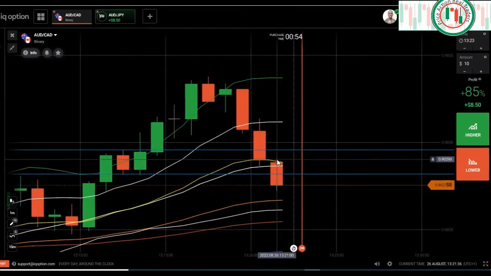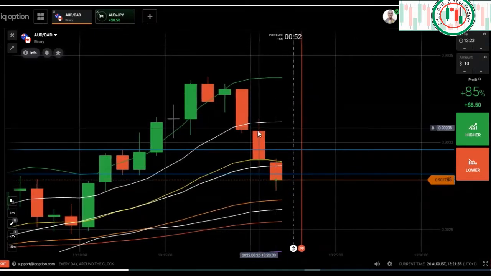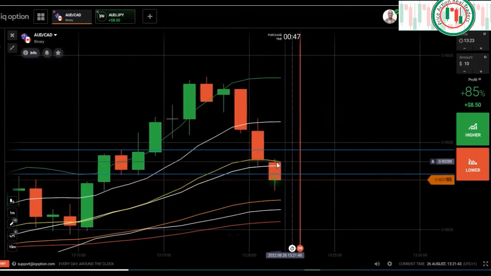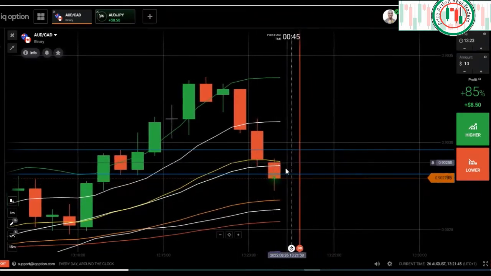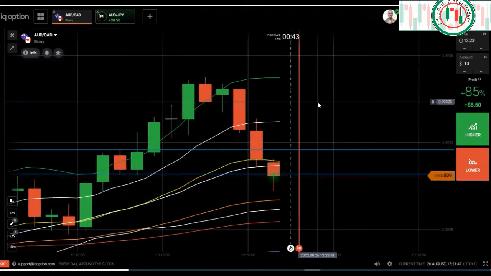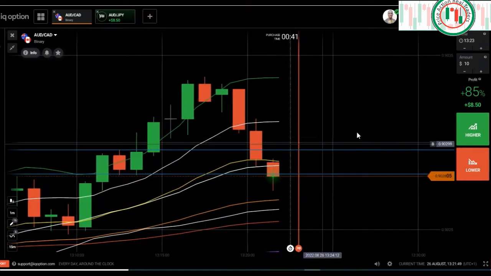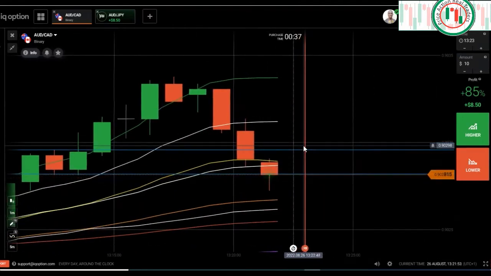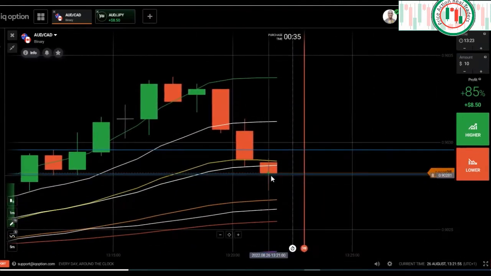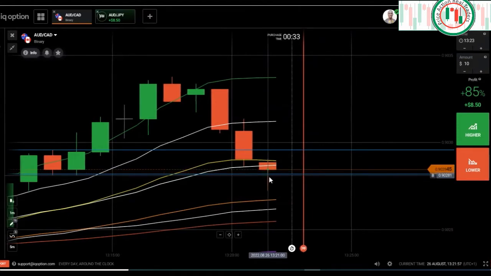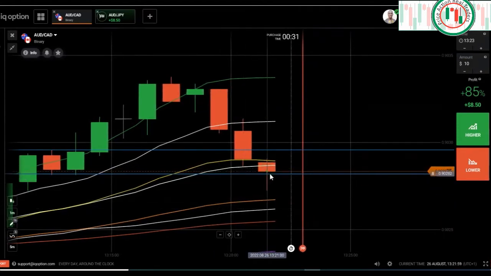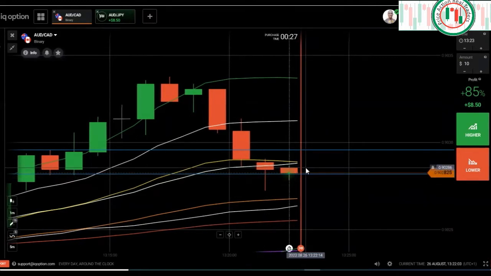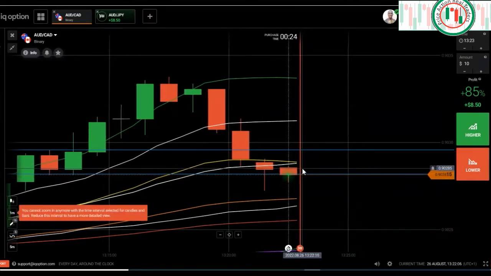You see here there is gap down here, and here is like spinning top. So if this candle there is no gap down on this candle, then I can place my trade. You see rejection, you see another gap up here, you see gap up here.